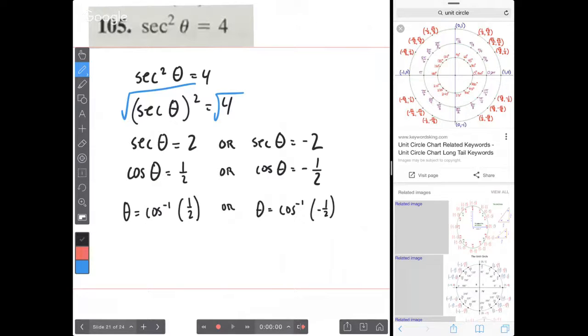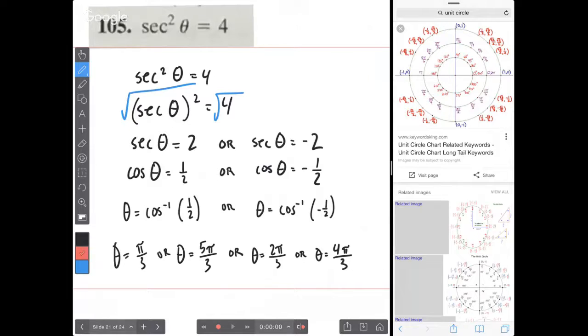So inverse cosine of 1/2 is at pi over 3 or 5 pi over 3. Or -1/2, which happens at 2 pi over 3 or 4 pi over 3. Sweet.